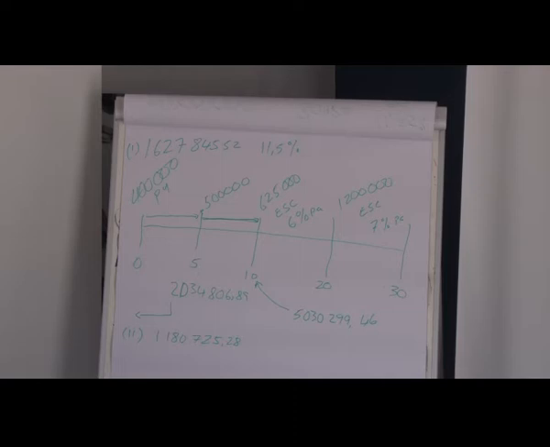I'm just adding the 6%. I'm just checking that number again. I somehow think it is right. $5030.299.46.